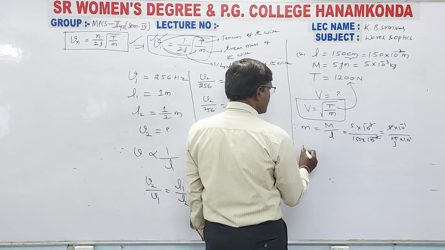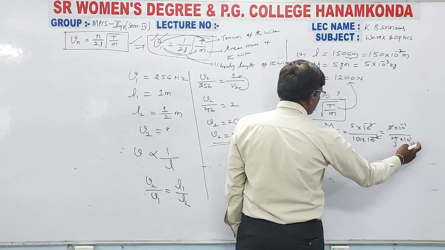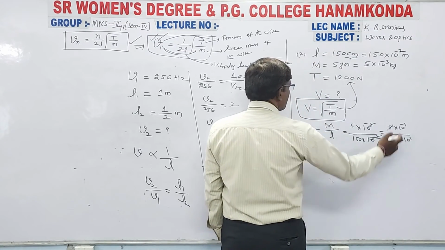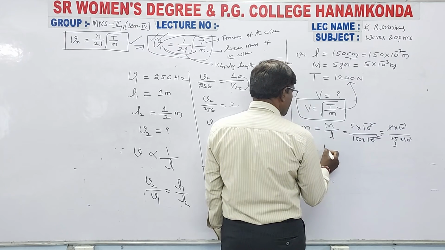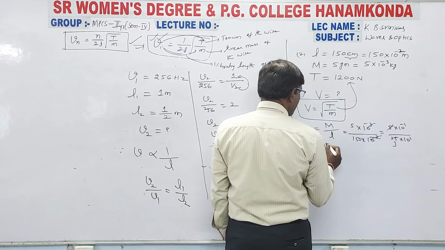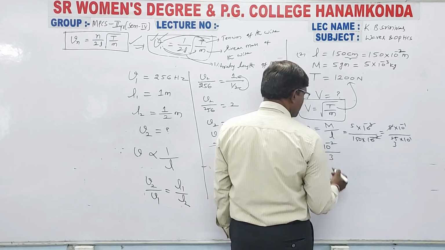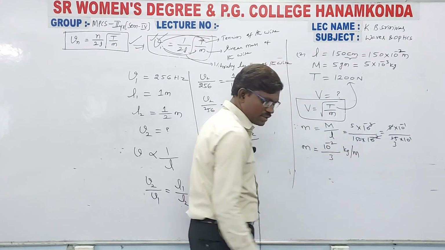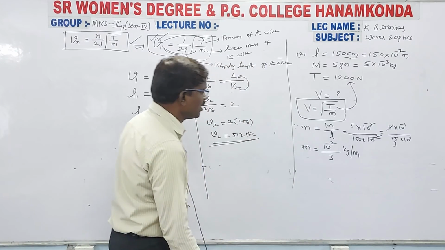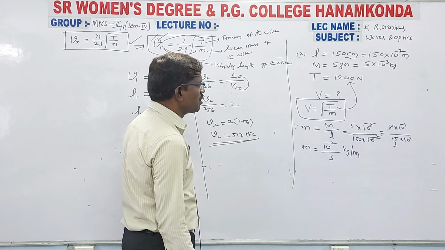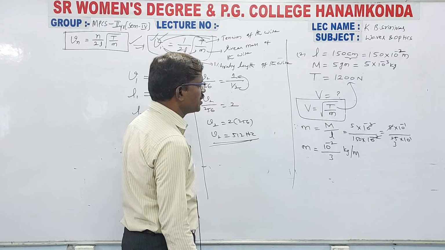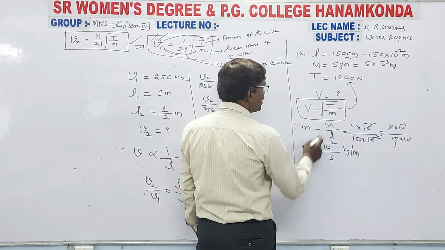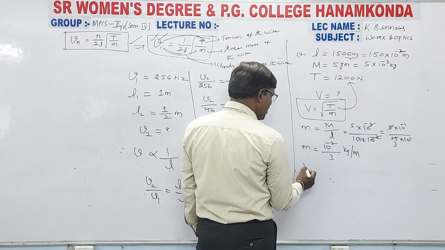The 10 to the power of 1 goes into the numerator and multiplies, so it becomes 10 to the power of minus 2 by 3, in kilogram per meter. So, finally, I have calculated small m as 10 to the power of minus 2 by 3 kilogram per meter.